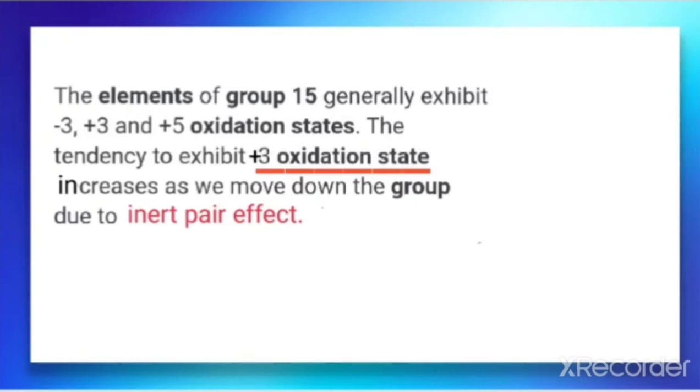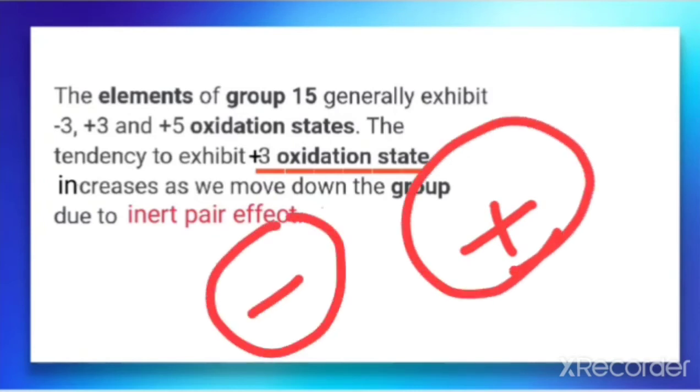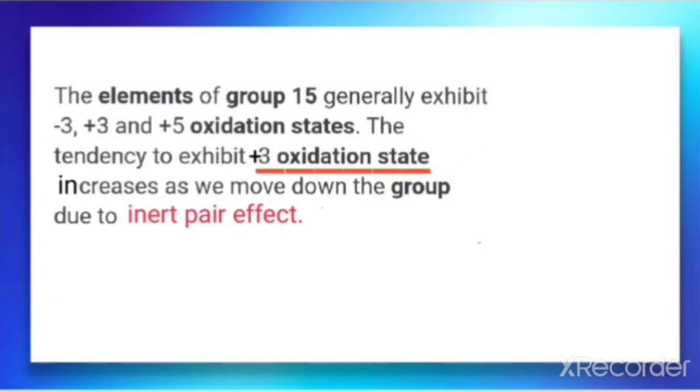When we move down the group, because the metallic character increases, it shows a greater tendency to form a positive oxidation state rather than a negative one. So the tendency to exhibit the +3 oxidation state increases as we move down the group, that is top to bottom.